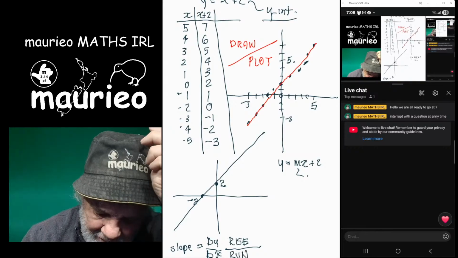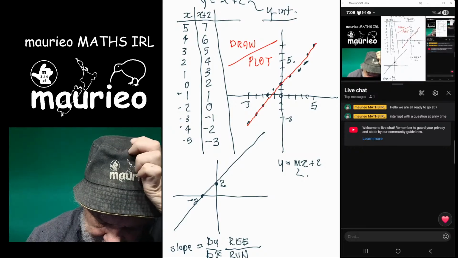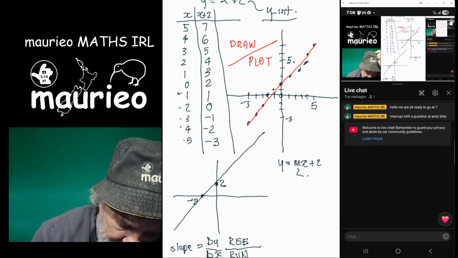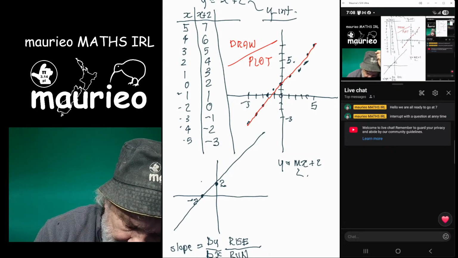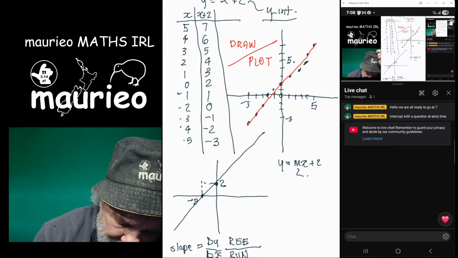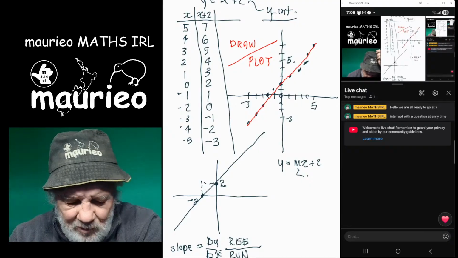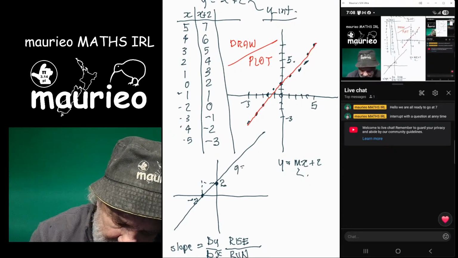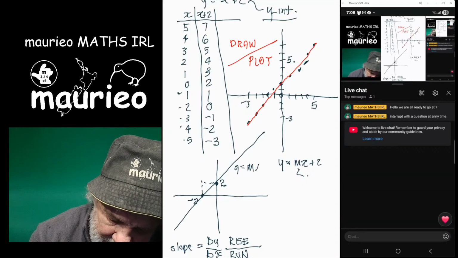In this case the rise is 2 and the run is 2. It's going from left to right, therefore it's a positive graph.